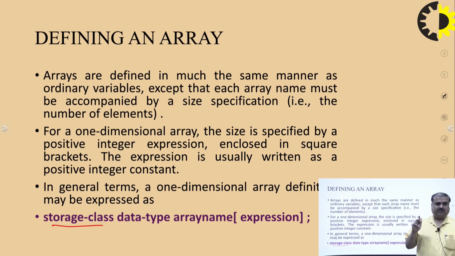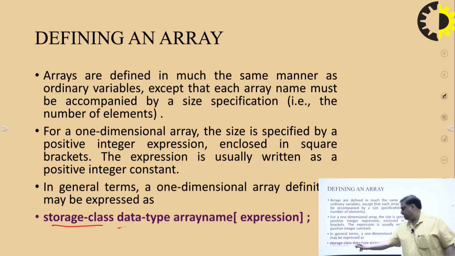Storage classes are responsible for the scope, lifetime and memory location of a variable. If I remind you, there were 4 storage classes: auto, register, static and extern. If we do not specify the storage class, then it will take auto as the default for local variables.